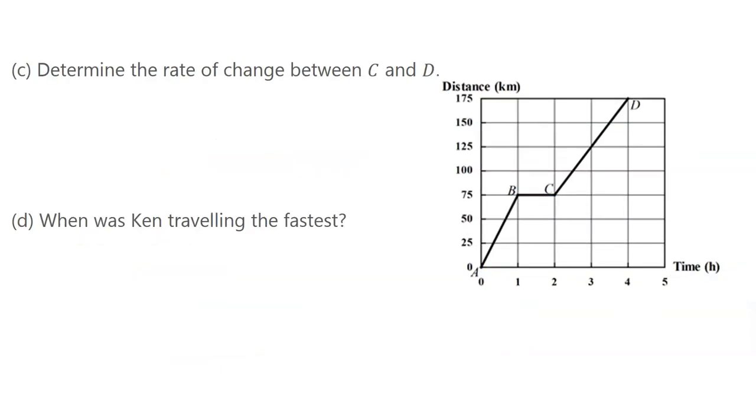Now in C, we have to determine the rate of change between this point and this point. And this point is 2, 75, and up here we have 4, 175. Now always write out your formula.